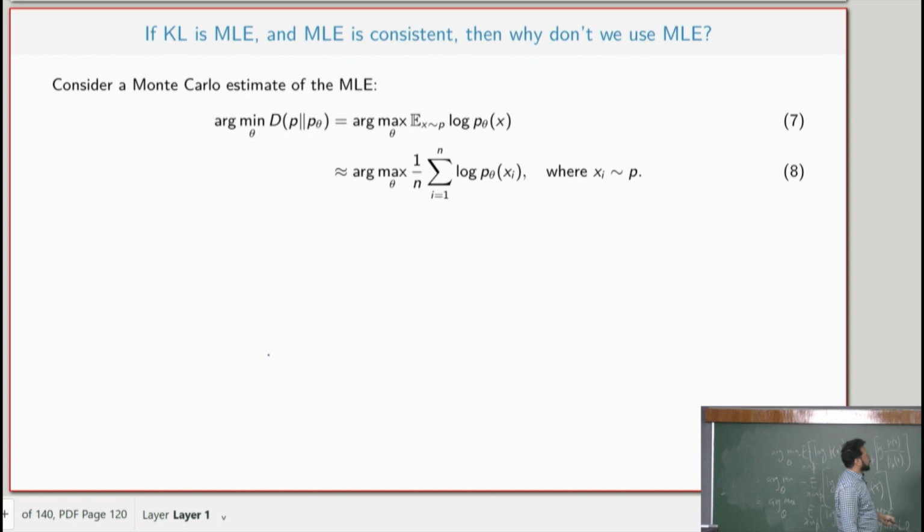What is the problem here? What prevents us from working with maximum likelihood estimates? The answer is right here. Can you really compute these p theta xi? Because this is a joint distribution. Your xi is a full image, a vector of pixels.